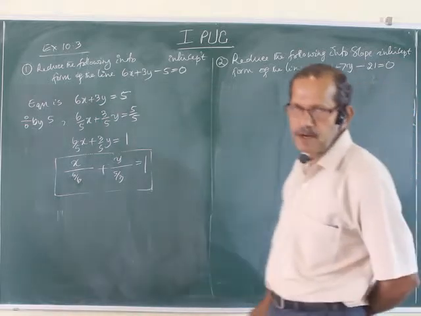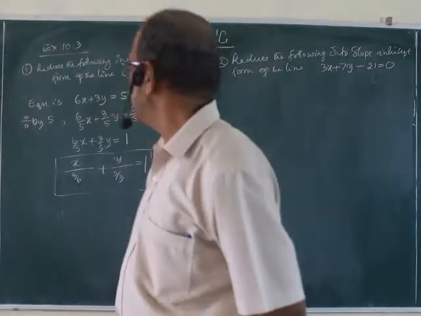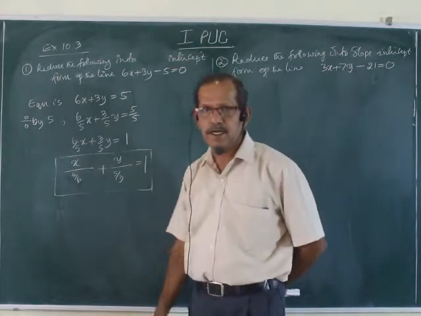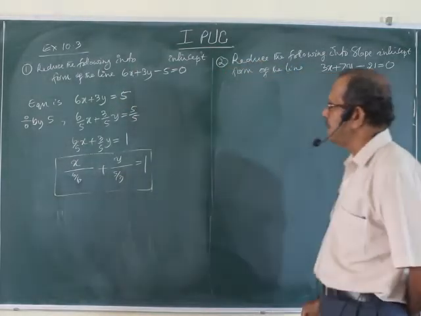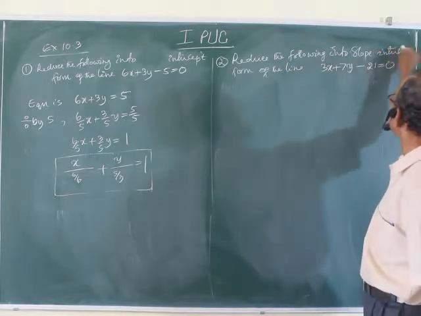Previous one was actually slope intercept, but I have removed the slope. So intercept form is this one: x by p plus y by q equal to 1. This is slope m and intercept should be obtained.